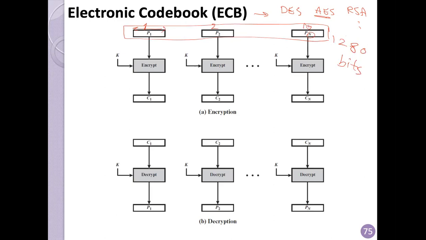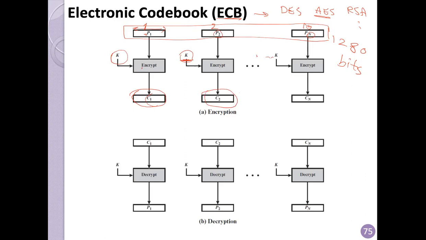The ECB mode says, get your data. The first block is encrypted with the key, and you get cipher 1. So P1 is block 1, you encrypt it and you get C1. P2 is block 2, you encrypt it with the same key, the same key with which P1 is encrypted, and you get C2.